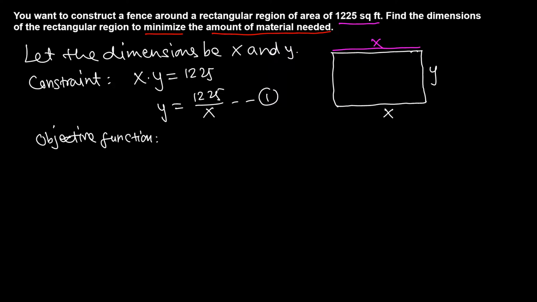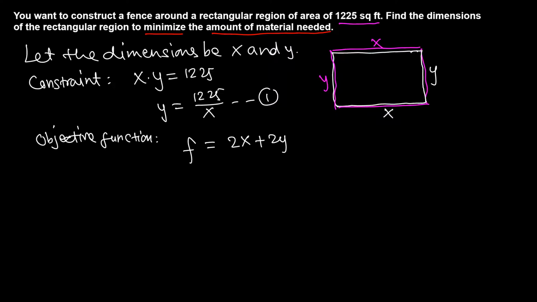That means x, this is y, this is x, and this is y. So x plus x is 2x, and y plus y is 2y. 2x plus 2y. That's where the material goes, and that's our objective function. It's like perimeter. That equals 2x plus 2y. We can use P if we like.